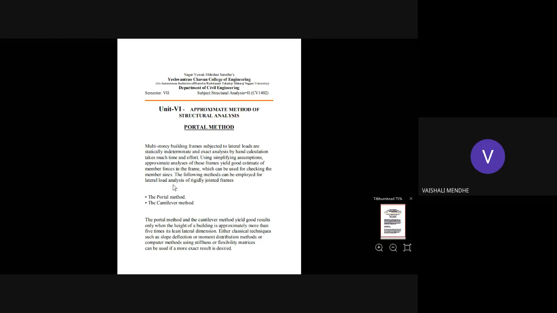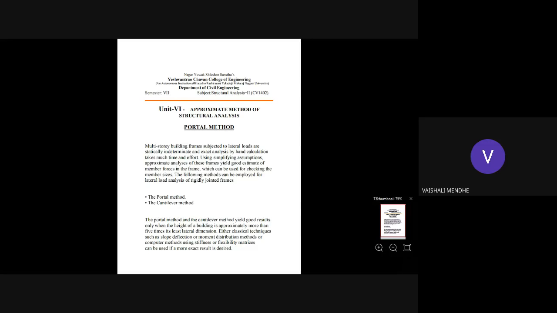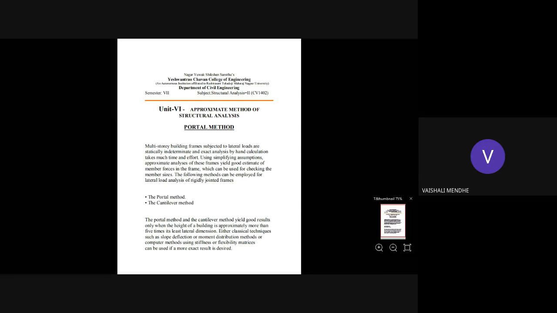Okay. Multi-story building frames subjected to lateral loads are statically indeterminate frames, and exact analysis by hand calculation takes much time and effort. Using simplifying assumptions, approximate analysis of these frames yields a good estimate of member forces in the frame, which can be used for checking the member sizes.